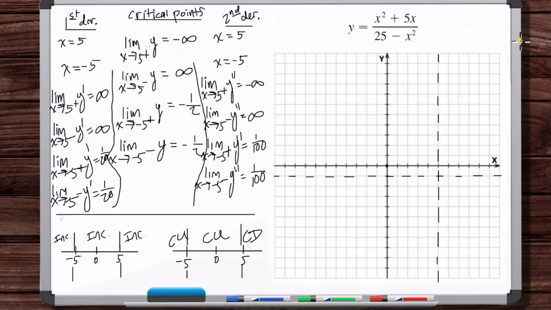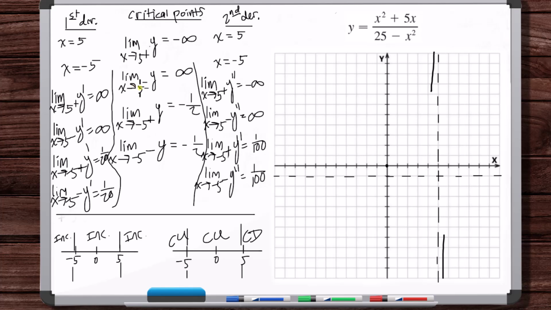As x approaches 5 from the left, the function goes to positive infinity, and from the right, it goes to negative infinity.